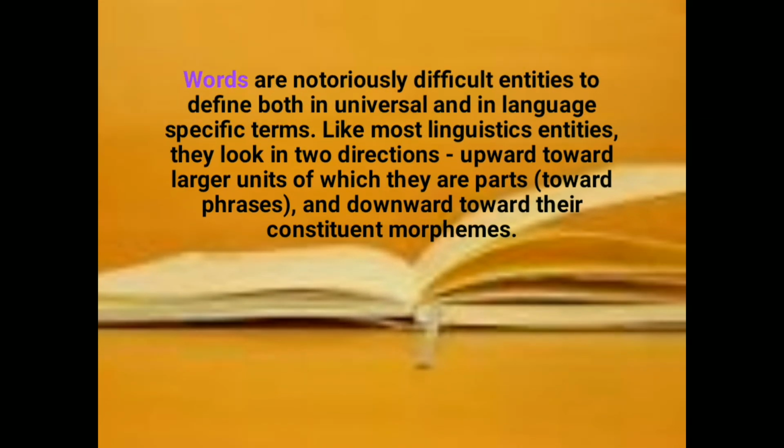Words are notoriously difficult entities to define, both in universal and in language-specific terms. Like most linguistic entities, they look in two directions: upward toward larger units of which they are parts, toward phrases, and downward toward their constituents, morphemes.